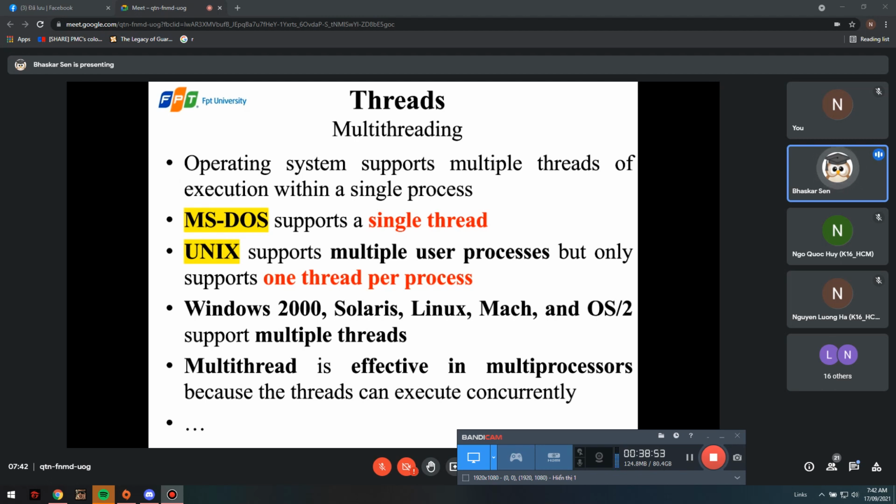A little bit of history: MS-DOS, the old-fashioned ones, didn't support threading. There was no question of threading in those days. In fact, they just ran one program. Unix supported multi-programming, but all these programs were single-threaded programs, right? So it all started with Windows 2000, and as I pointed out, 1995 was a turning point in the history of computer science, and especially programming and information technology, because Java was introduced.